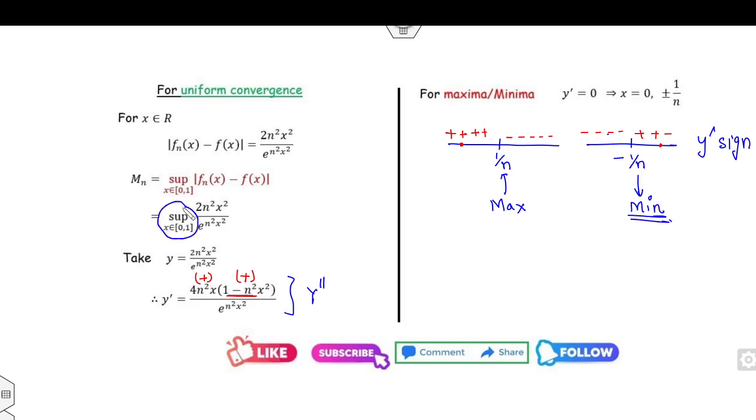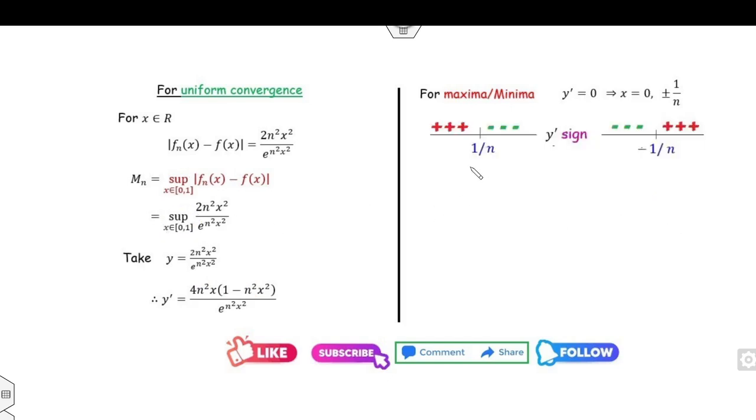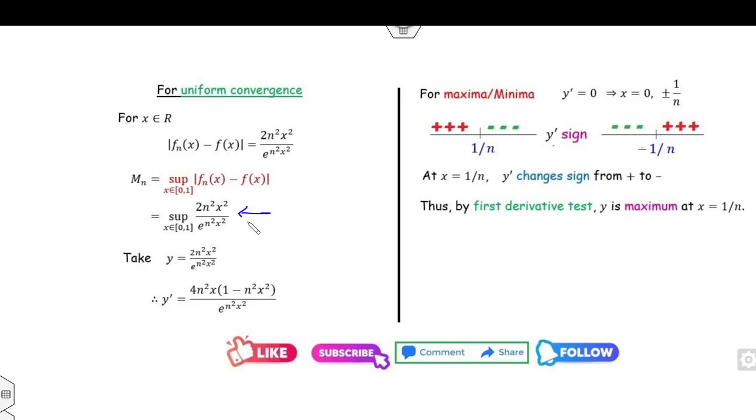But we need a supremum. That's why we consider 1 over n only. Once you substitute x equal to 1 by n, what is the value of Mn? It's 2 over e, which is non-zero.